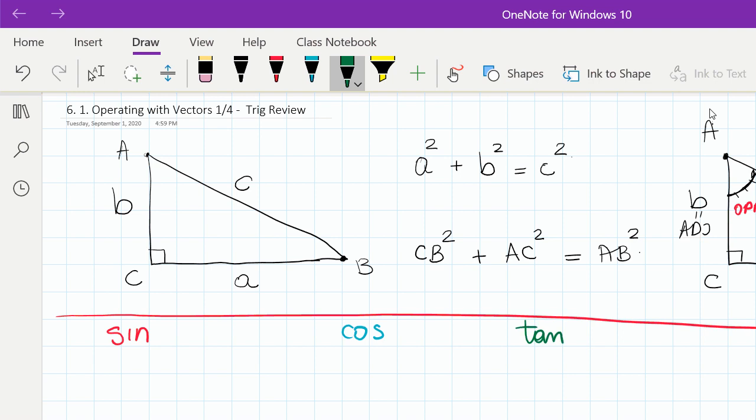Sine is opposite of the angle over hypotenuse. Cosine is adjacent over hypotenuse, and tangent is opposite over adjacent.